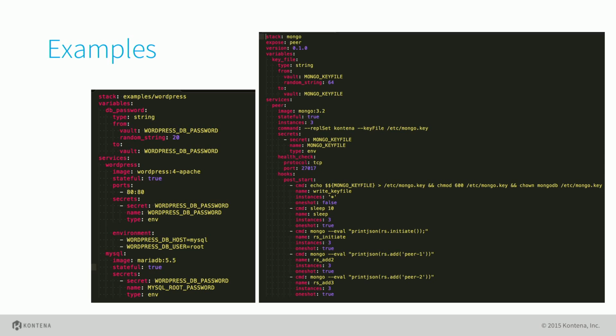Another example here is the Mongo stack, and pretty much similar things. There is just added metadata, some expose functionality which I'll cover later, and then some variables to automatically generate the MongoDB secret. So the stack YAML is only small additions to the existing Kontena YAML definition.